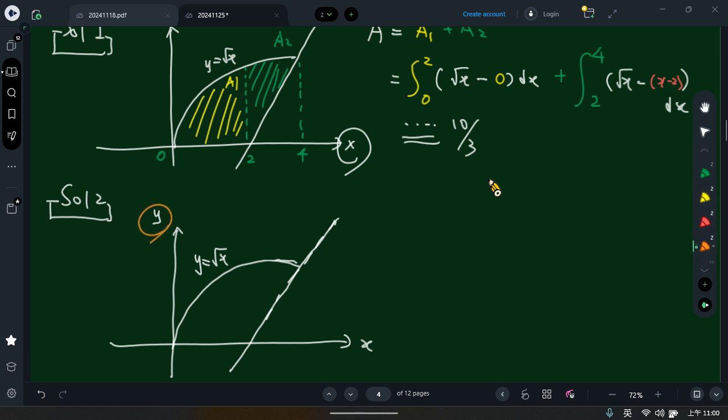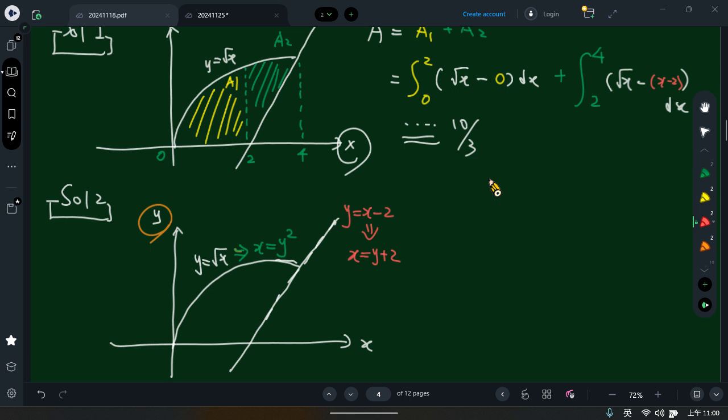So if so, y is equal to blah blah, x should be changed into x is equal to y squared. And originally here is y is equal to x minus 2. We also can change it as x is equal to y plus 2.